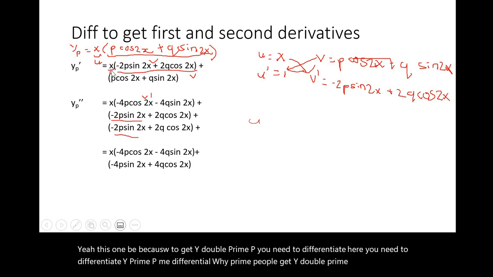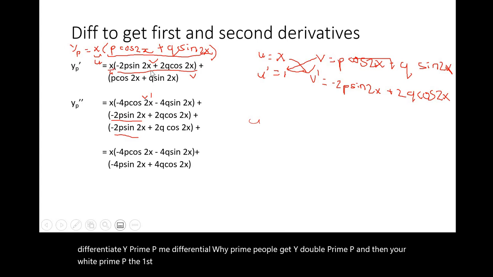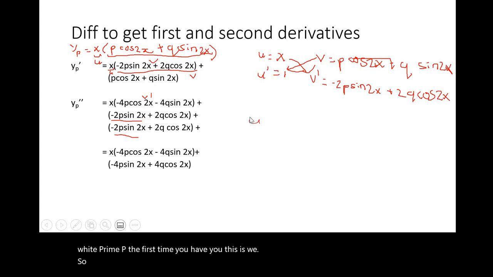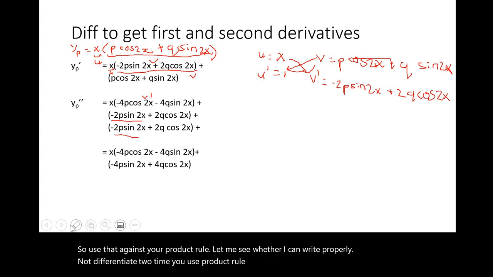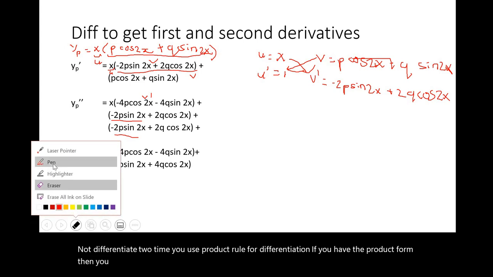And in your yp prime, the first term you have u, and this is v, so use the product rule again. Let me see whether I can write properly. Not differentiate two times, you use the product rule. For differentiation, if you have a product form, then you use the product rule.